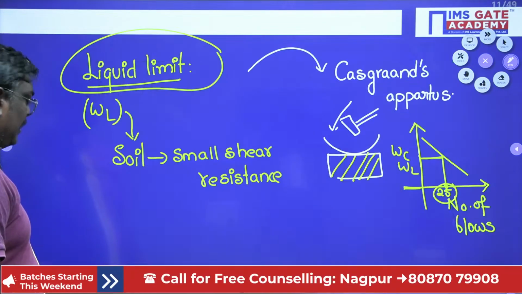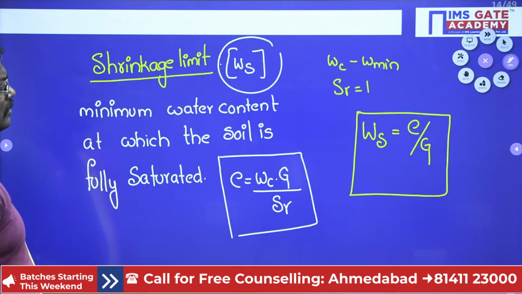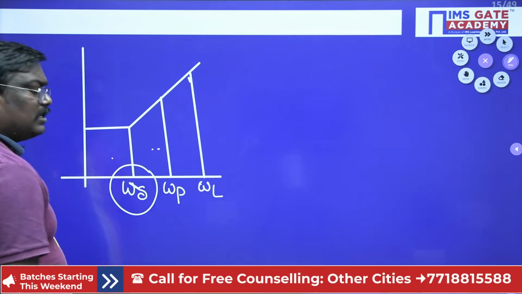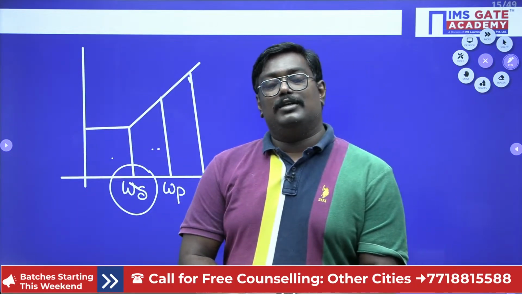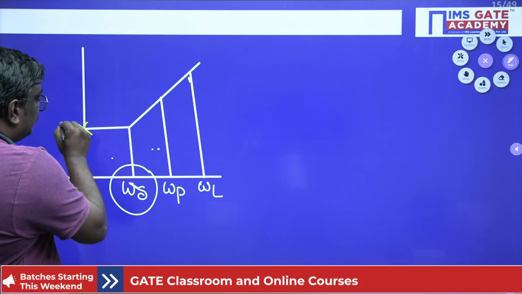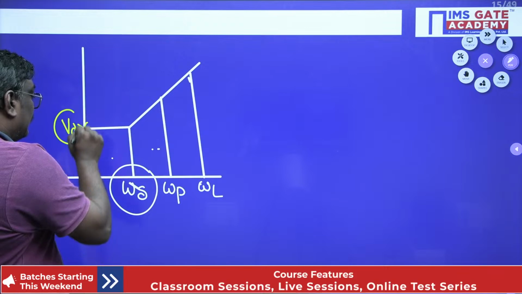So what is a shrinkage limit? You told that it is the minimum water content at which the soil is fully saturated. But remember one thing, students, here the volume is represented as V_d. The practical definition is what?